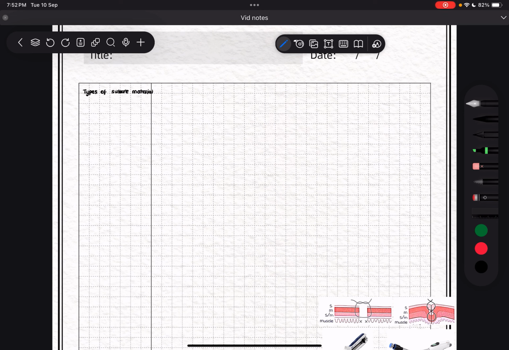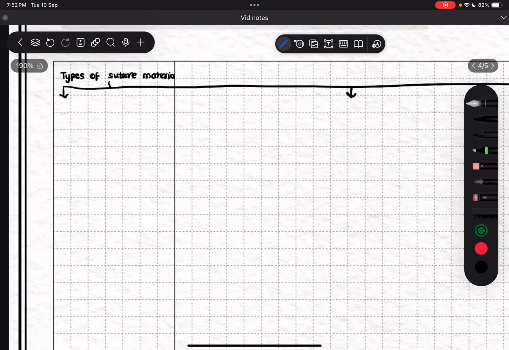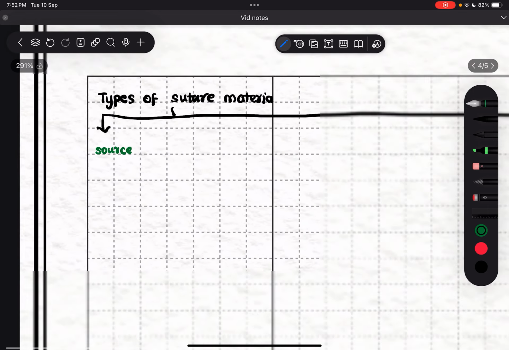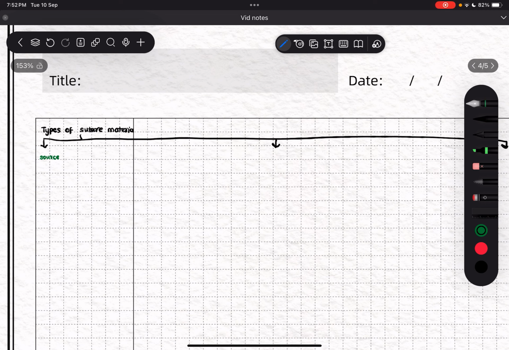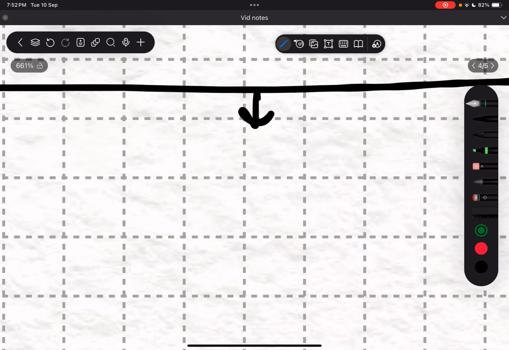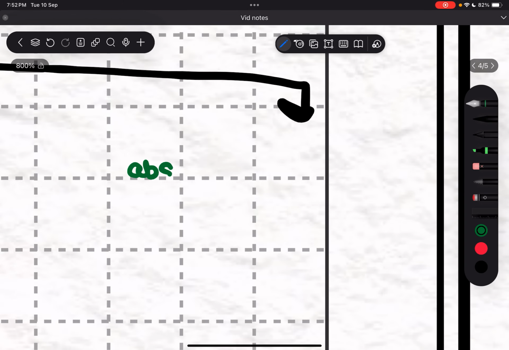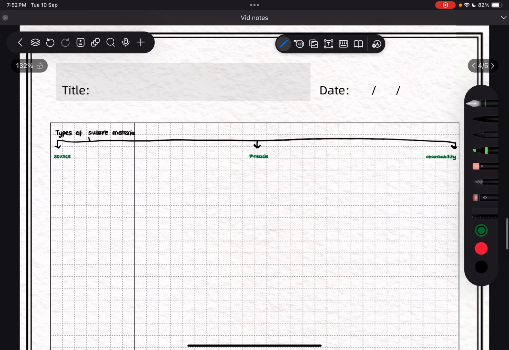Three basic types of classification: based on the source, based on the threads, and absorbability.